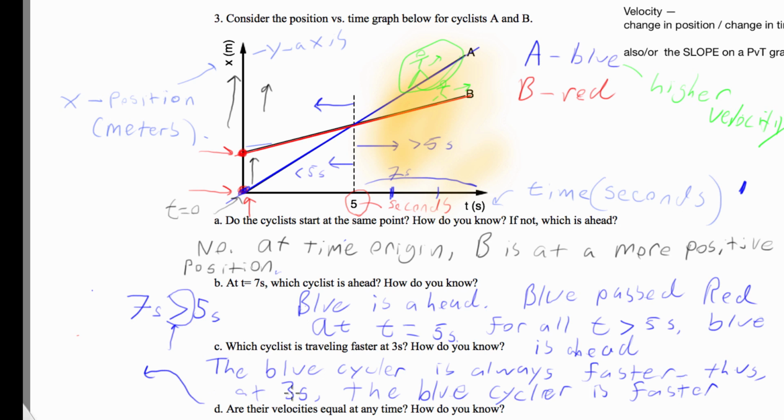So to answer part D, are the velocities equal at any time? No. A is always faster because that line is always steeper.